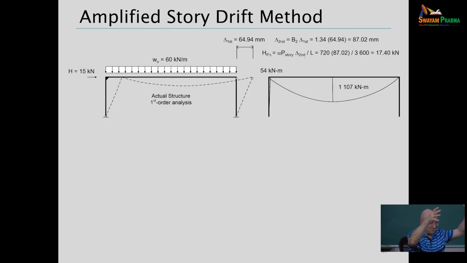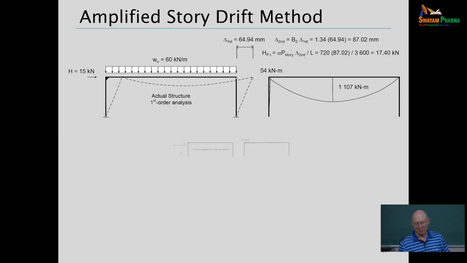That's the total story P acting through the side sway, the second order delta, divided by L. That would be a P delta shear force. That P delta shear, again, will produce the same lateral moments in the frame as your story vertical load, P story times delta. So that P delta shear, H P delta, is 17.4 kilonewtons.